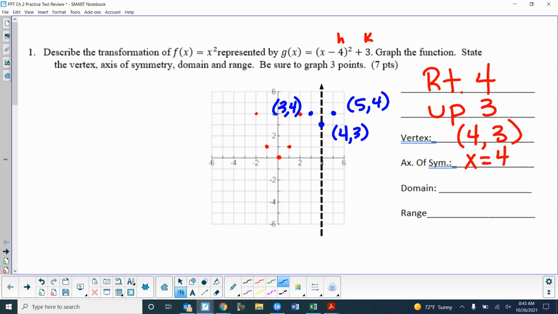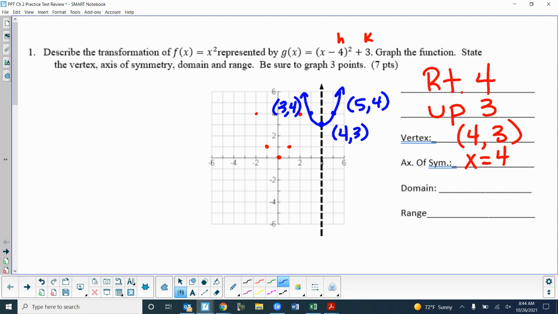You can do it either way, whatever is easier for you. If you want to do the parent function and then just move your points, whatever the transformation is, right 4 and up 3, or if you want to just pick a point left of your axis of symmetry, use the x value and substitute it in, and figure out the y value, you can do it that way. Either way will get you to the same spot.